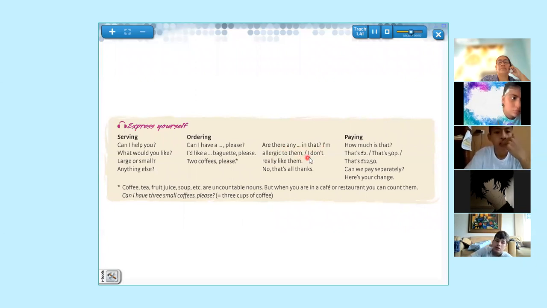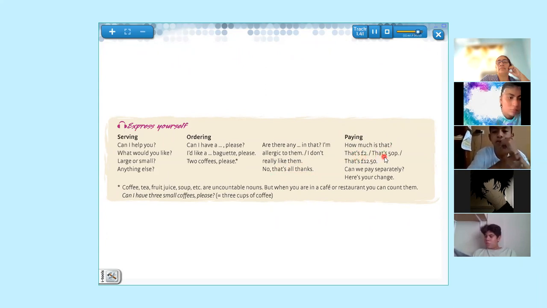I'm allergic to them. I don't really like them. No, that's all, thanks. Paying. How much is that? That's £2. That's 50p. That's £12.50. Can we pay separately? Here's your change.